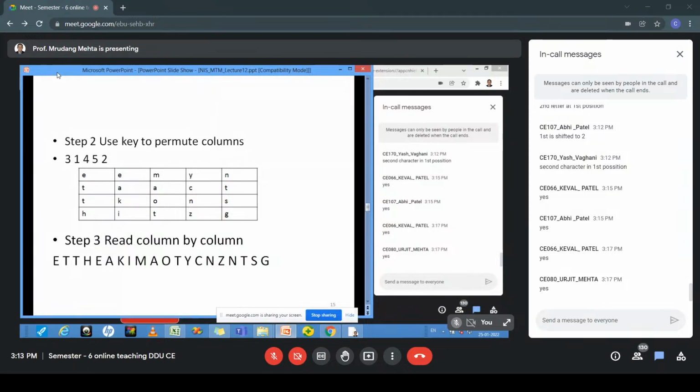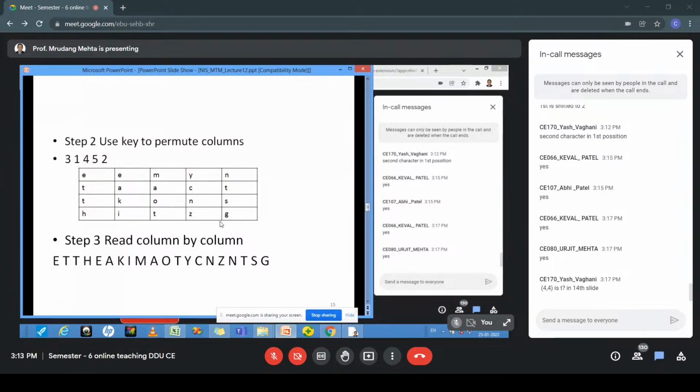So the first and second steps result in this. If we read column by column: ETTH, EAKI, MAOT, YCNZ, NTSG.